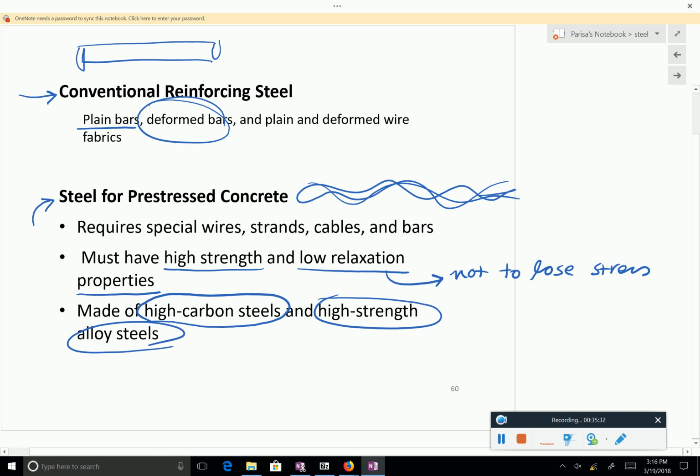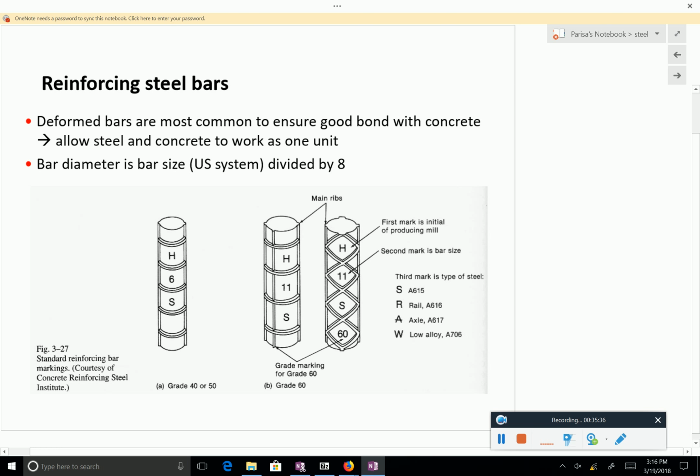But in typical construction like buildings, you use reinforcing steel bars, the deformed ones, because you want to ensure you have a good bond with concrete. They have threads. Next time, if you have never worked with them, when you go by some job site, pay attention.